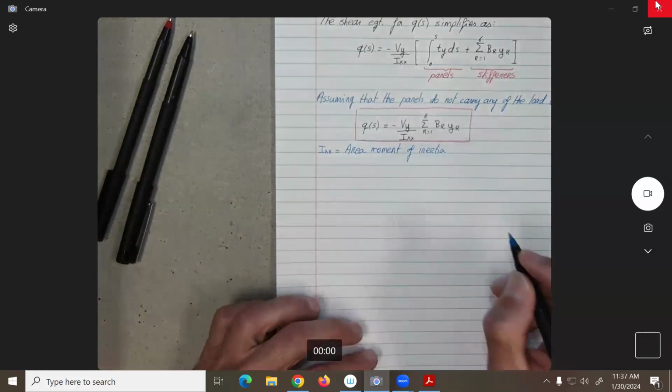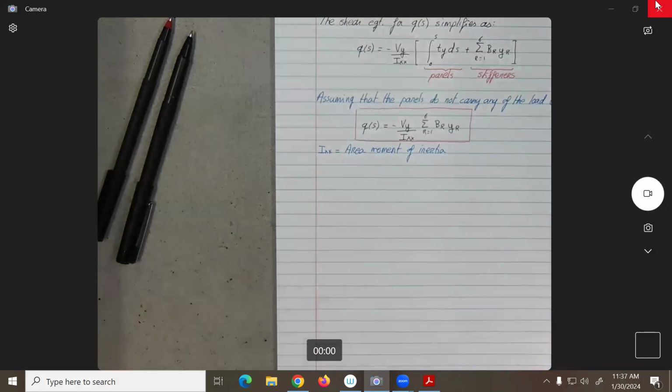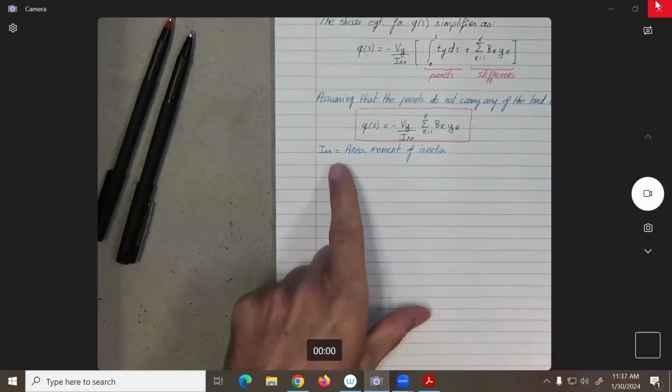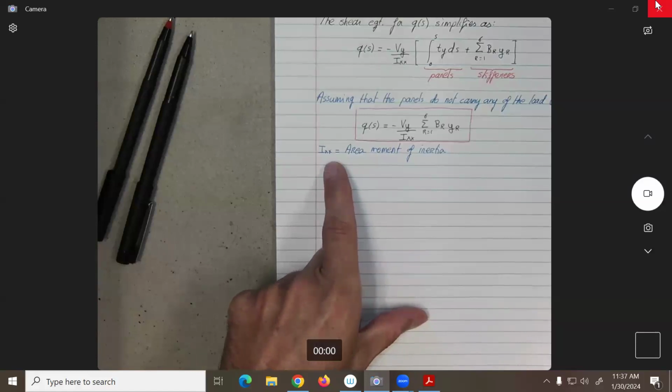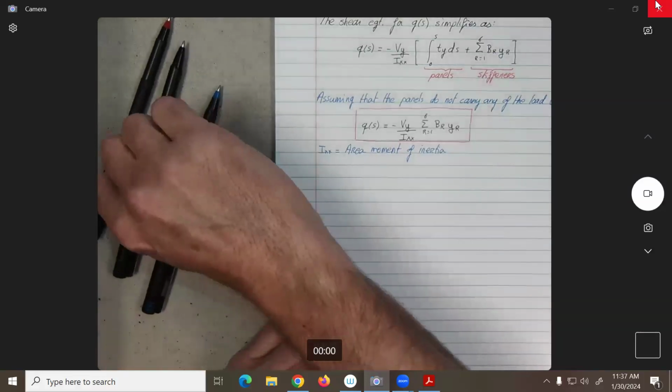We discussed that the other day. What is the physical meaning of the moment of inertia? The resistance to bending, no? It basically says how unlikely something is to rotate about a certain axis, and this one would be rotation about the x-axis, no? Okay, so we need to find that one.